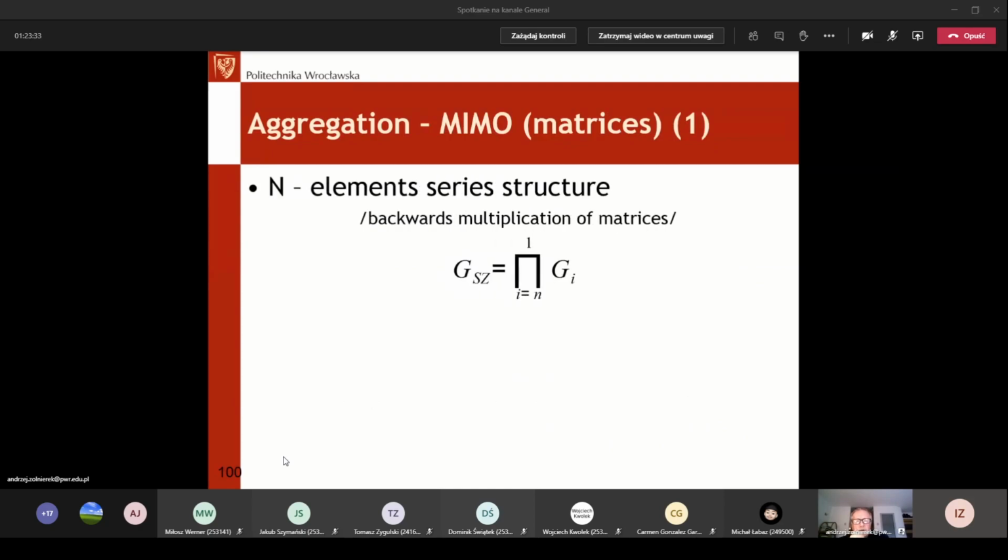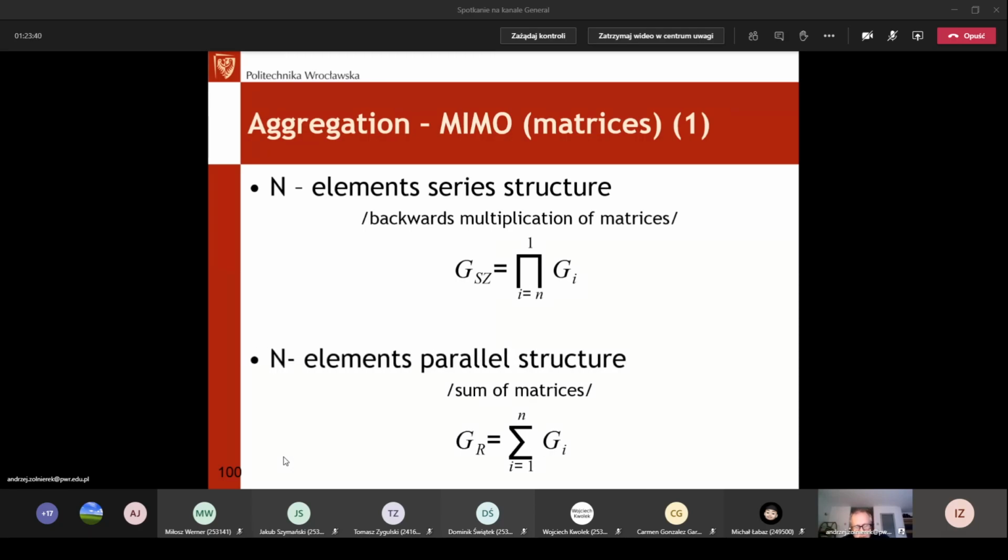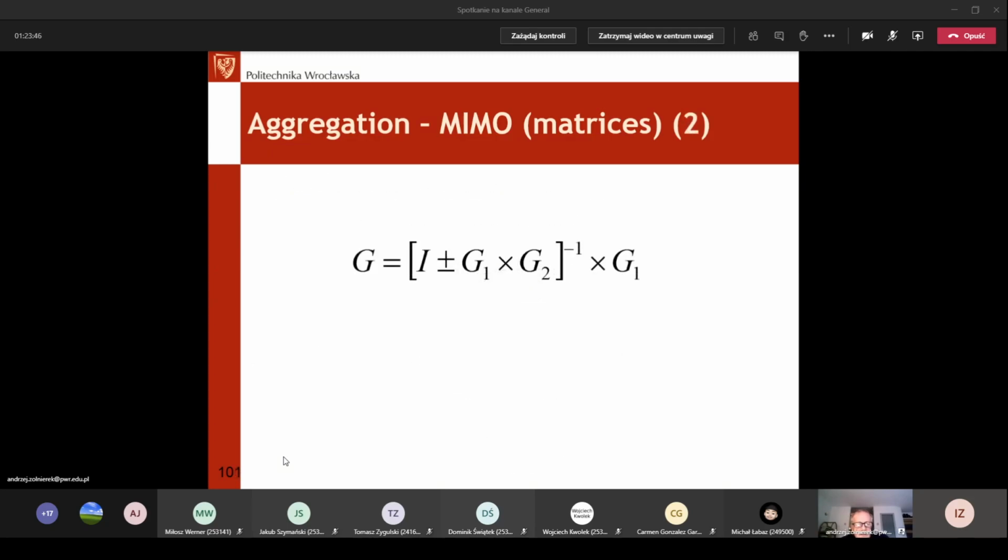So it is now clear where from we get this formula. Of course, we can just imagine how to derive the second one. And of course, we can derive this one, for example, we will do it on exercises.